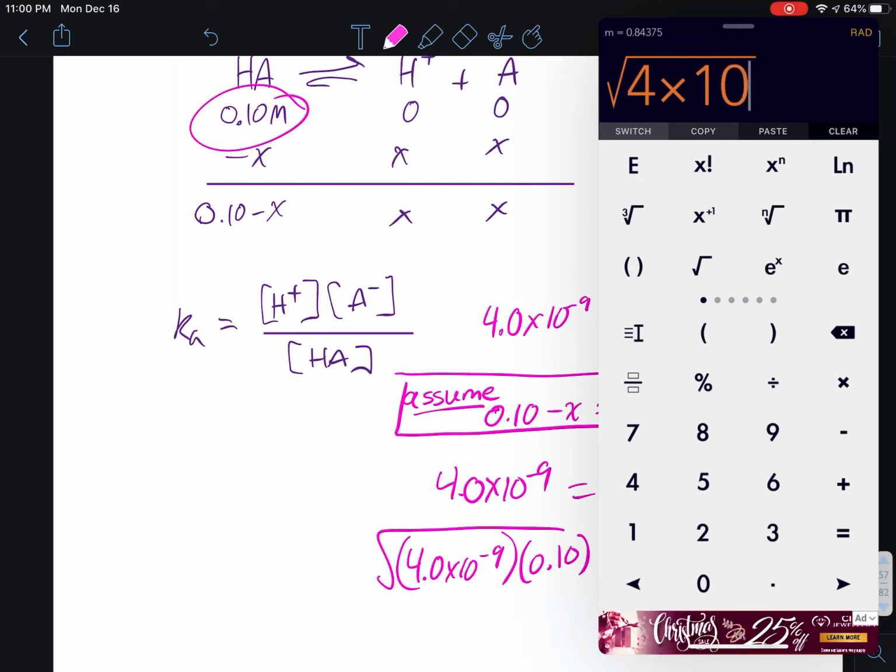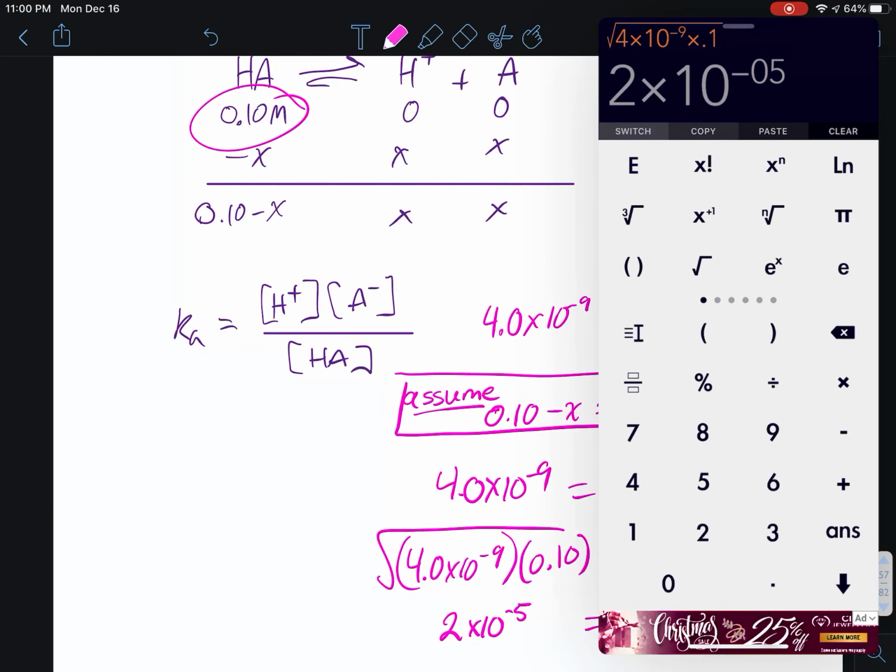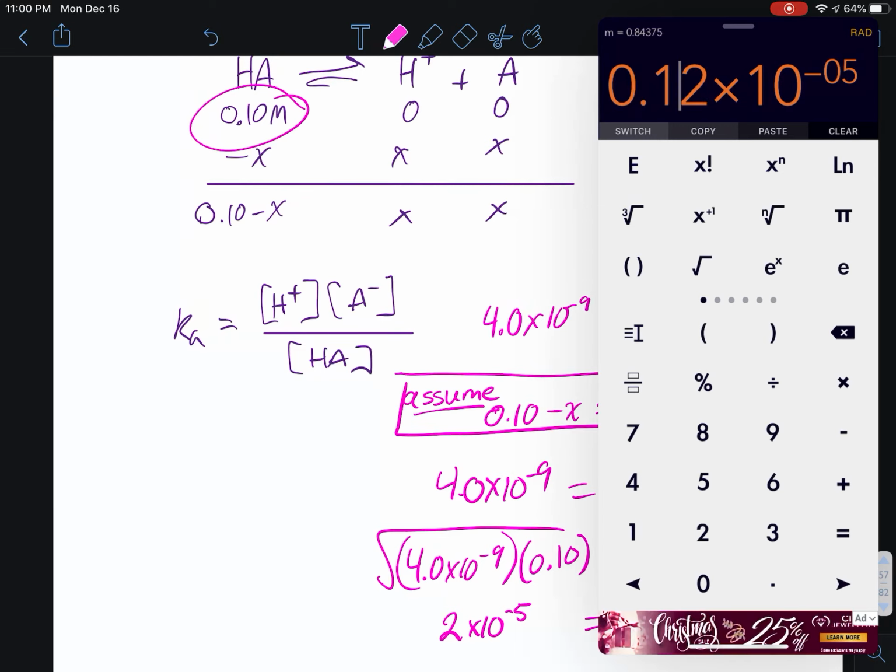Okay, so give me a square root. Give me 4 times 10 to the power of negative 9 times 0.1. And we get, nice, that's a nice round number to work with, 2 times 10 to the negative 5, and that's equal to x. So let's keep that answer.